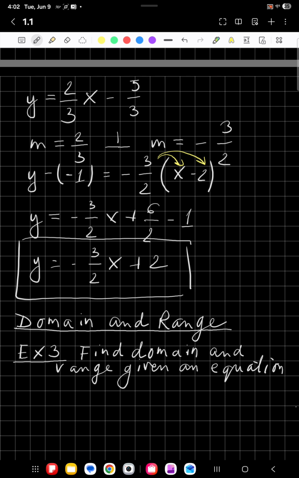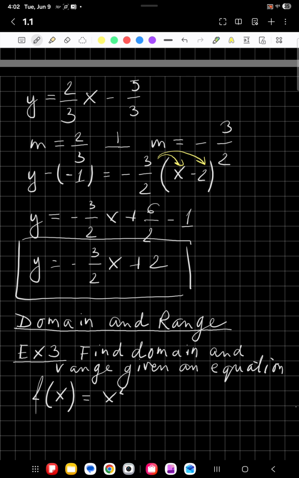So to find the domain from an equation, it's pretty easy, right? It's not easy. So the equation is f of x equals x squared. But it's pretty straightforward. We just think, are there any x's that we cannot substitute in for x? And the answer, this is a polynomial, so the answer is no. We can use any x.